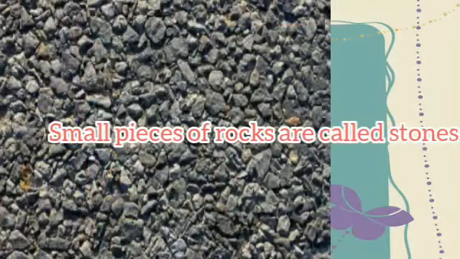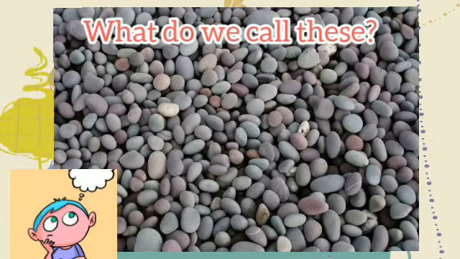So, as you all saw, that the small pieces of rocks are called stones. But what do we call these? Look at the picture carefully. Yes? Yeah, right. They are stones. But they are different kinds of stone.